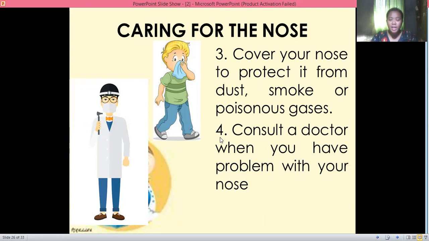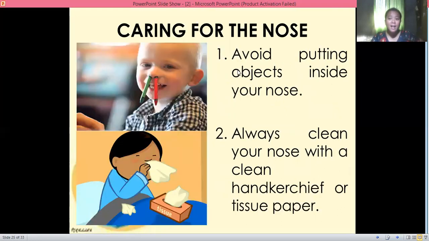And number 4, let's read together. Consult a doctor when you have a problem with your nose. So you better visit your doctor if there's some problem with your nose. Again, number 1: avoid putting objects inside your nose.